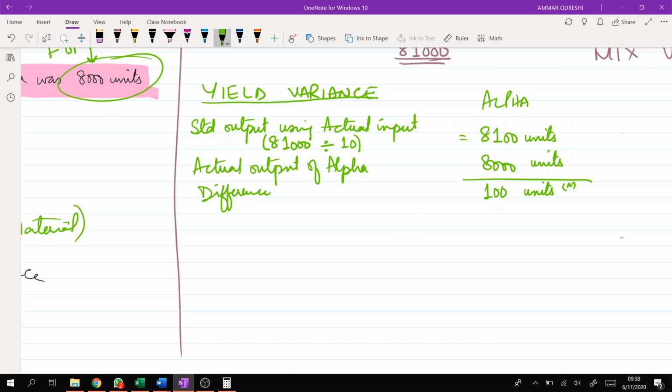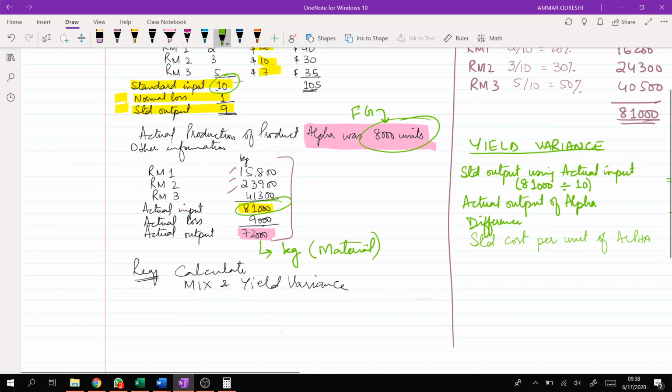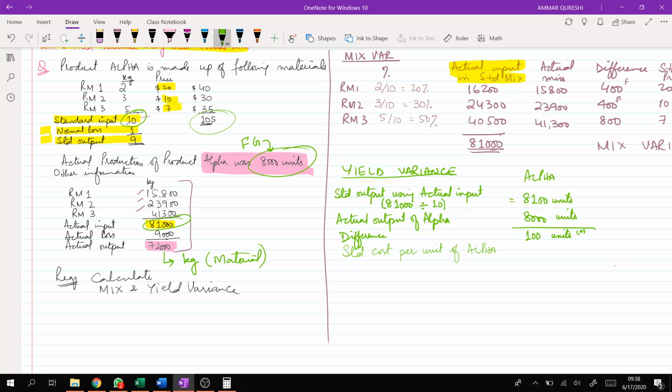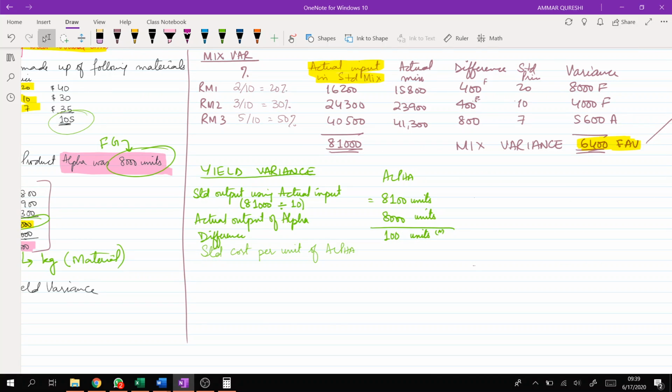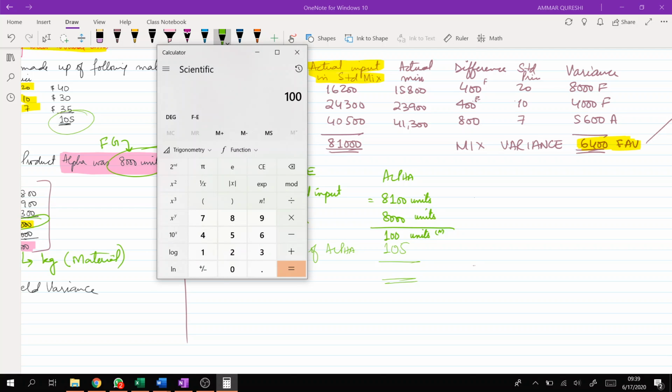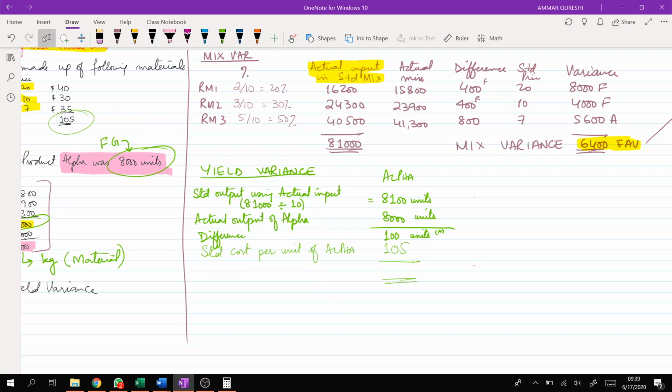Now what we have to do is multiply it with the standard cost per unit of alpha, right? And what is the standard cost per unit of alpha? Standard cost per unit of alpha is 105. So we will multiply 100 with 105 and we will get 10,500.